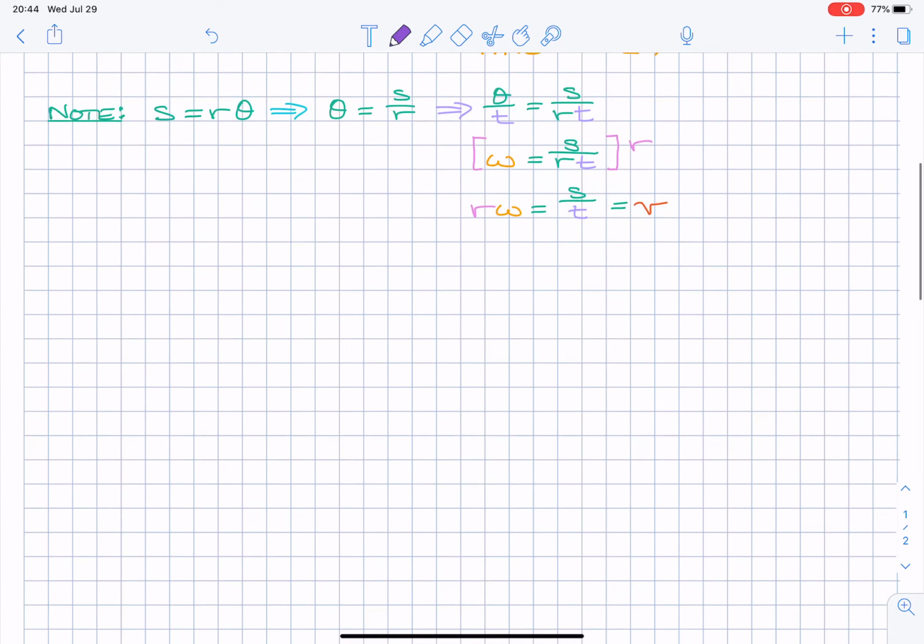So now we have a theorem. Let me do this theorem in light purple, I guess. It's a theorem that we just derived by using a whole bunch of equivalences. So angular velocity, omega, is equal to theta over t.